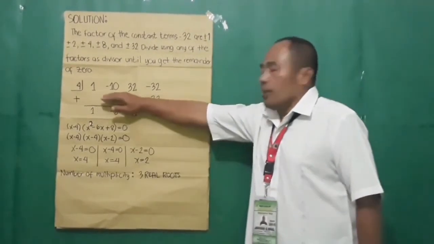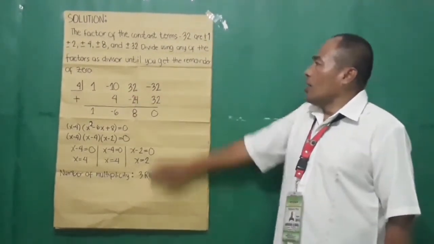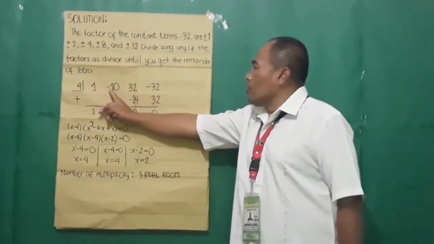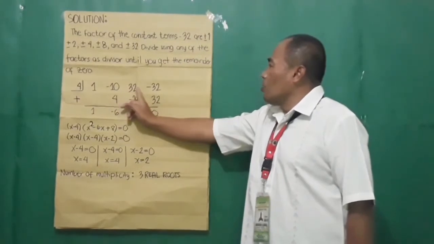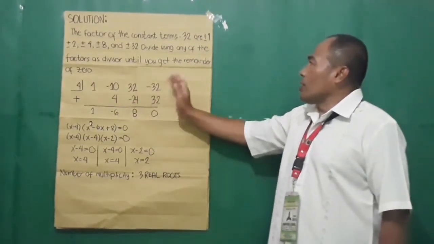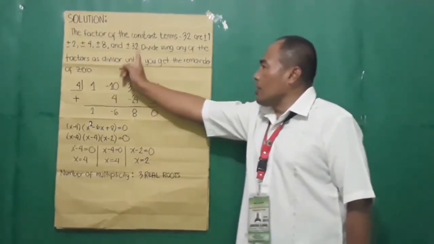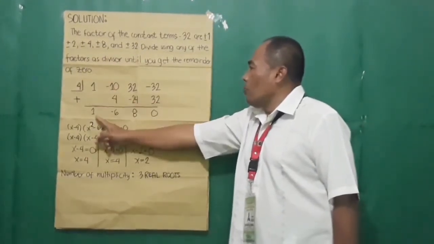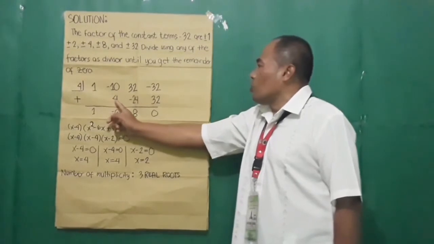So we write the synthetic division: 1, negative 10, 32, negative 32. Let us try a synthetic divisor of positive 4. So bring down 1. 1 times 4 is 4.